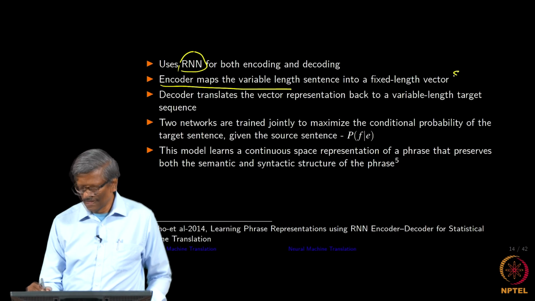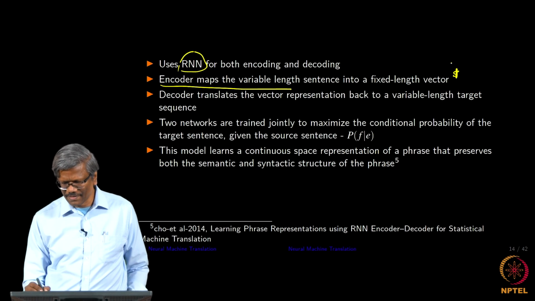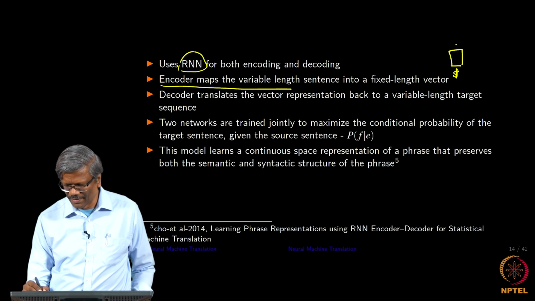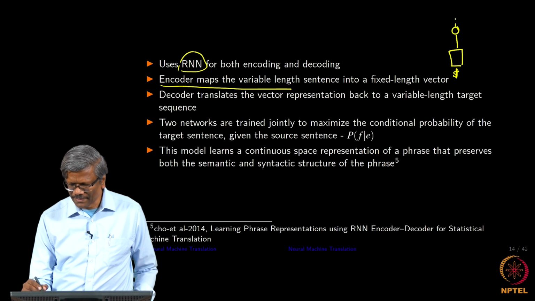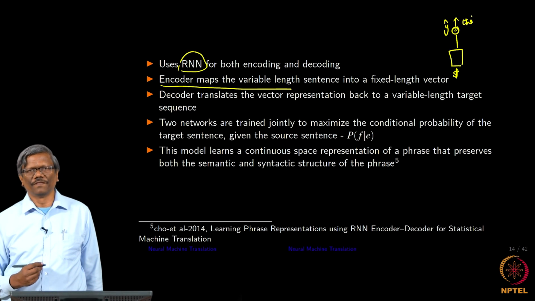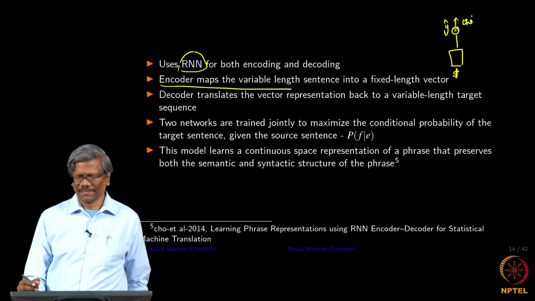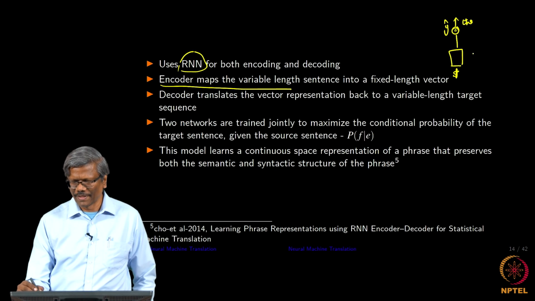For example, this is the start of the sentence and I have the RNN. After softmax, it provides some value, and let us say "the" is the first word that needs to be output from the decoder.